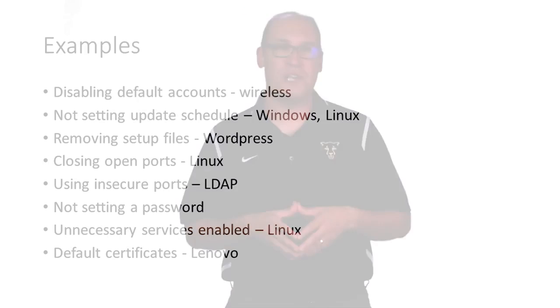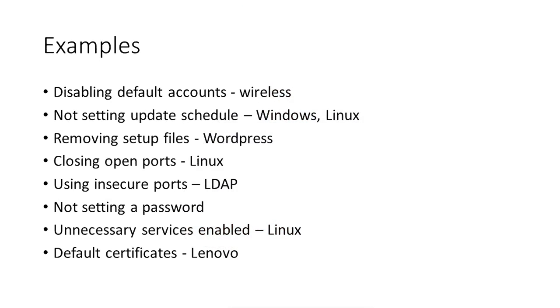So this could be ports, this could be a number of different things, but more specifically, let's talk about a few examples. Disabling default accounts. Wireless routers are notorious for this.